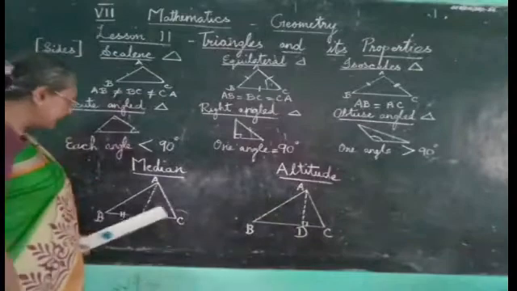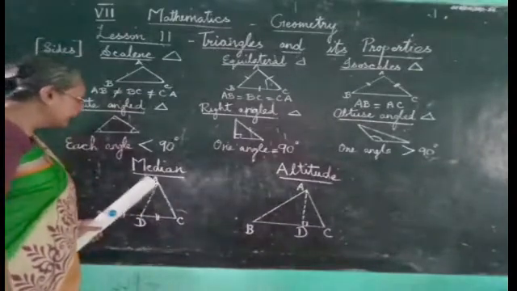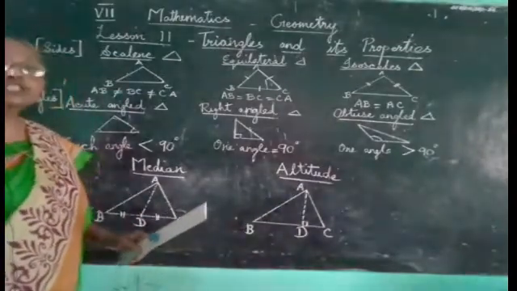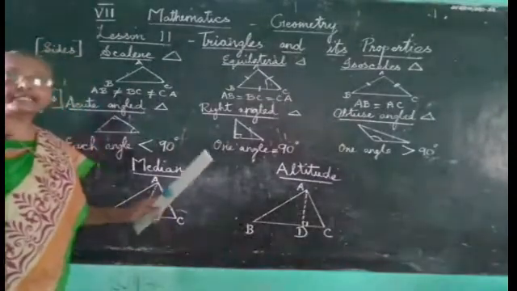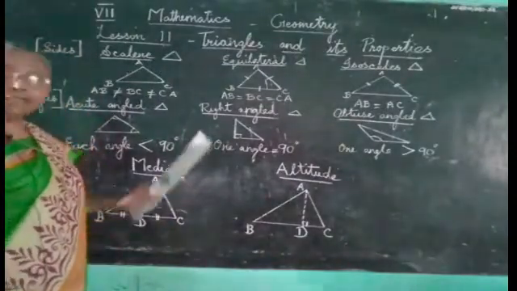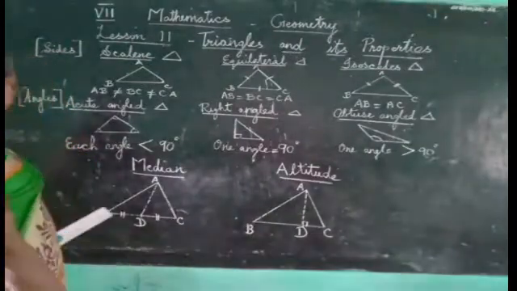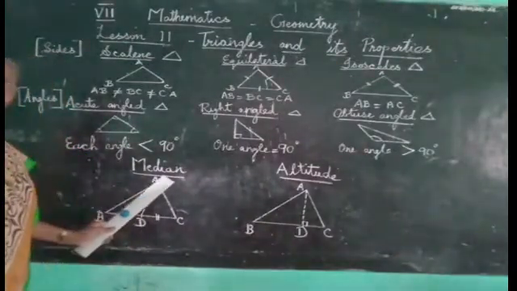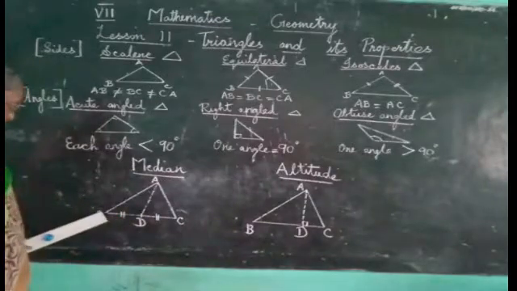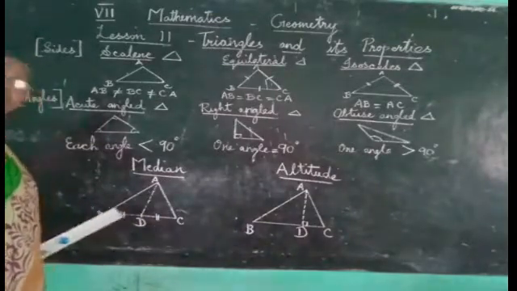Once again, the definition for median is the line which joins the vertex to the midpoint of its opposite side. Here you have three vertices, isn't it? You have B also and C also. They are also vertices.